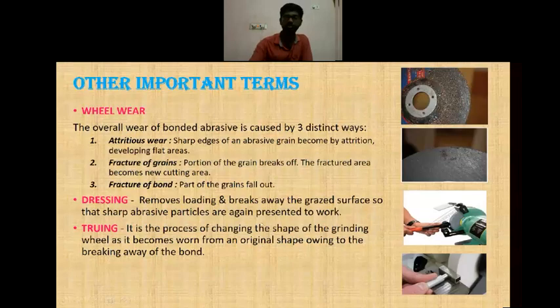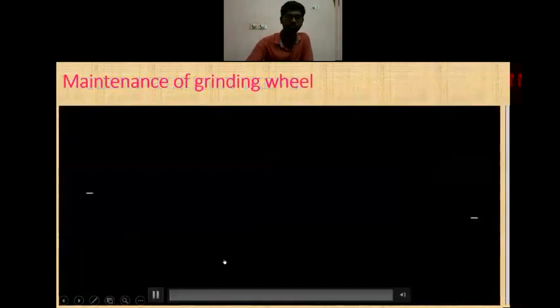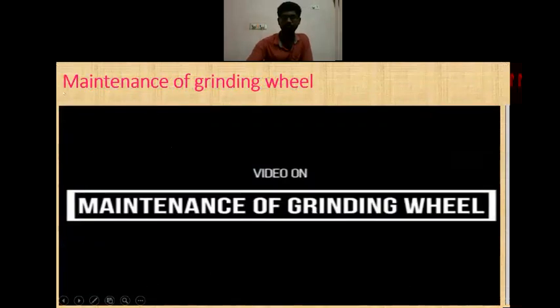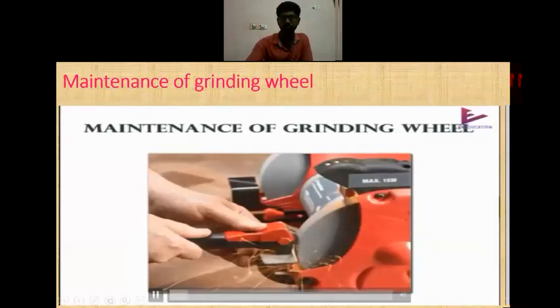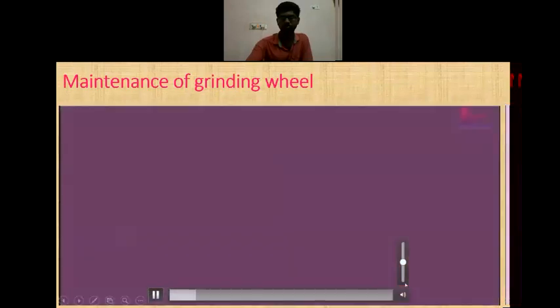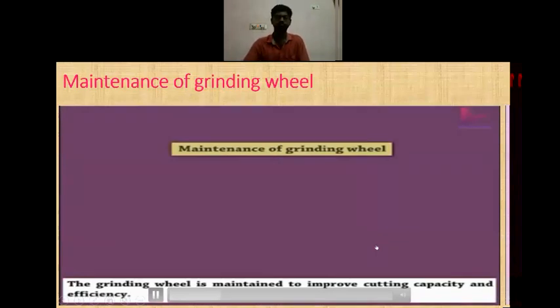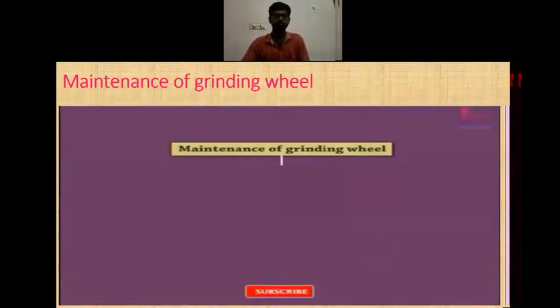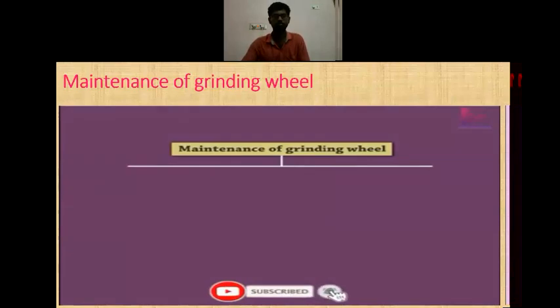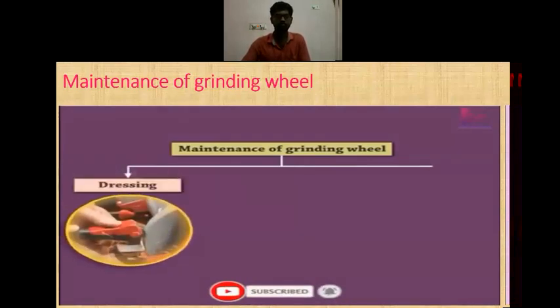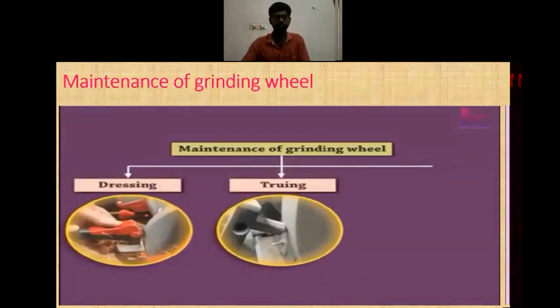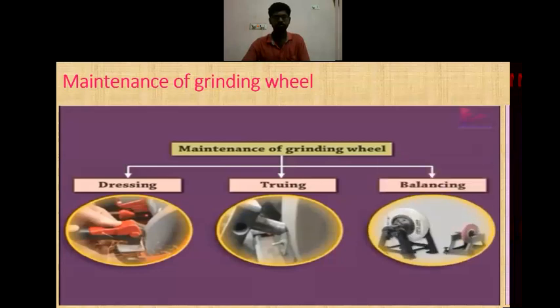And there is a video on maintenance of grinding wheel. Maintenance of grinding wheel. The grinding wheel is maintained to improve cutting capacity and efficiency. This maintenance can be done by dressing, truing, and balancing.